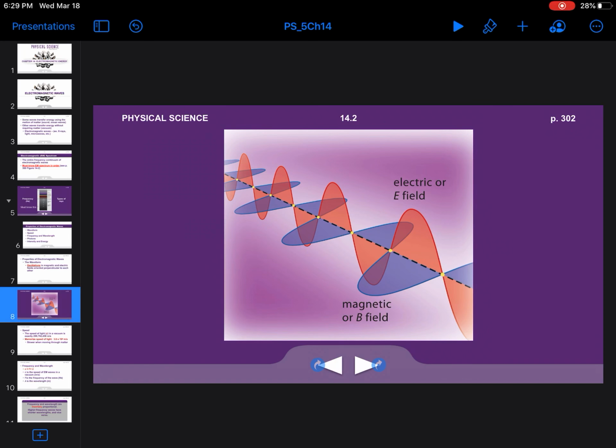You see highlighted in red is the electric field, and the magnetic field is blue in B. As you can see, they are perpendicular to each other, and you need to have a firm understanding that this is how electromagnetic waves operate. They travel in waveforms like this. They have both an electric field and a magnetic field that are perpendicular to each other as they travel.